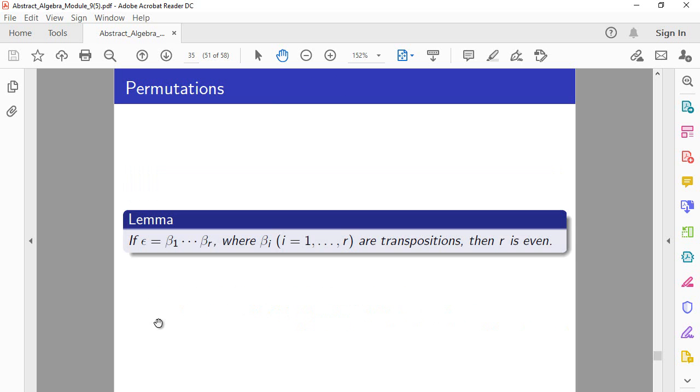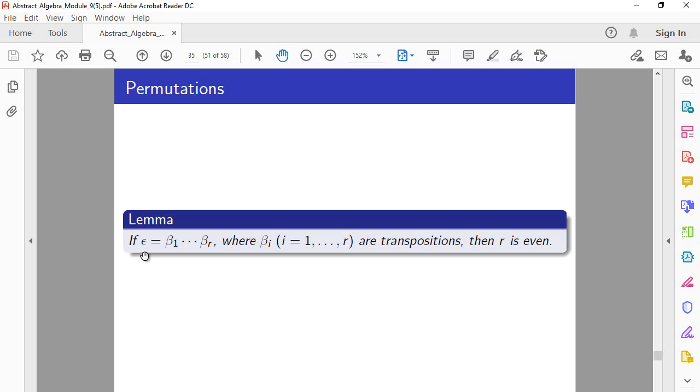Here's a lemma that I'm not going to prove: if we express the identity permutation as a product of transpositions, then the number of transpositions in the product will always be even.